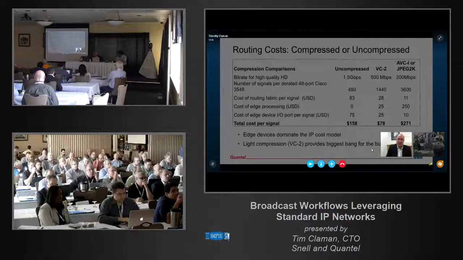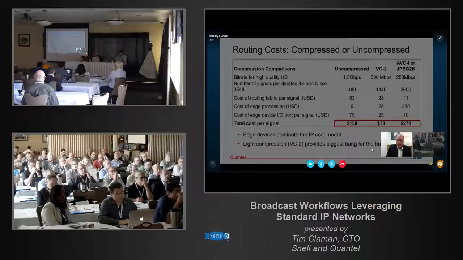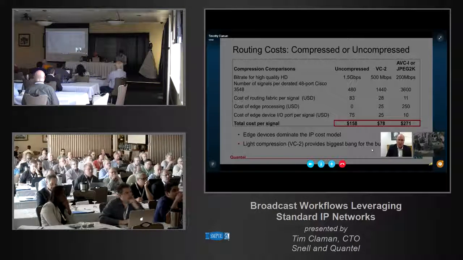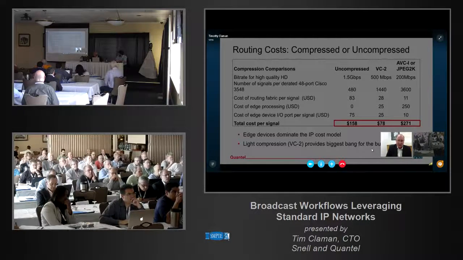But it's not just about the bandwidth. The edge devices need to be IP enabled, so you need to factor in the cost of IP interfaces. And if you're going to use compression, you need to factor in some additional cost for that compute capability at each edge device. But even when you factor in how you would burden each of the edge devices to be smarter, IP offers significantly lower costs. And we've seen that you can drive those costs lower by using light compression.